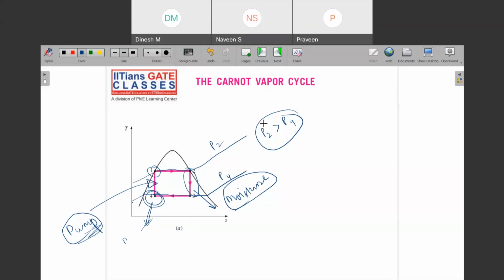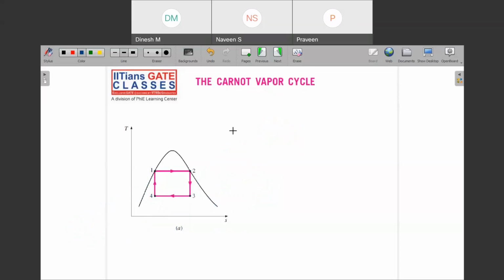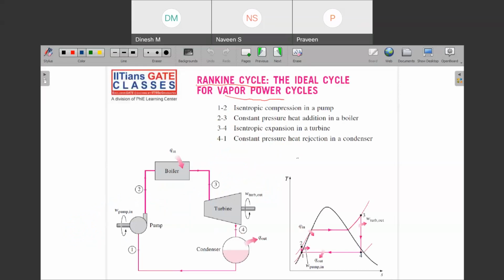So in order to get relief from those problems, we are not working on the Carnot vapor cycles. What we are working upon is the Rankine vapor cycle. This is nothing but just the enhancement of your what?